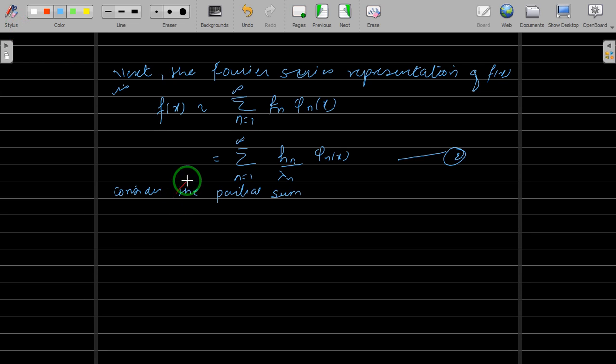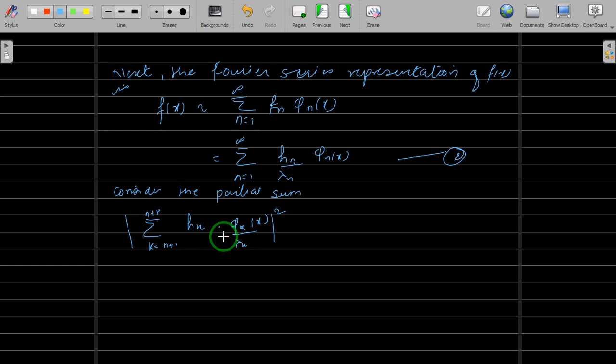Let us take the modulus of the summation k from n plus 1 to n plus p of h_k, then phi_k of x divided by lambda_k, the whole squared.